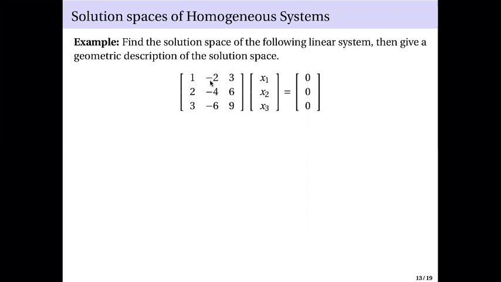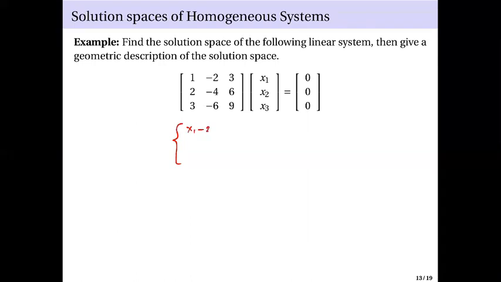Notice the first row 1, negative 2, 3. Second row, 2, negative 4, 6. Third row, 3, negative 6, 9. As a linear system of equations, this is just what?